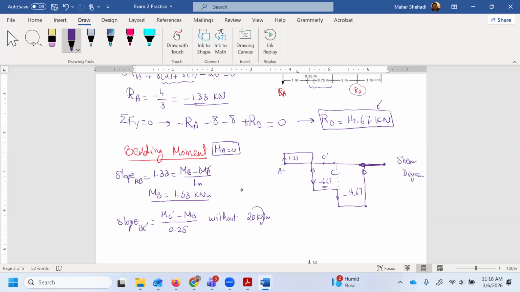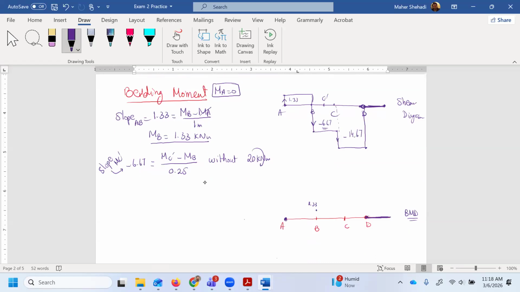So what's my slope equal to? Let's put it here. Minus 6.67. This is slope for MC prime.